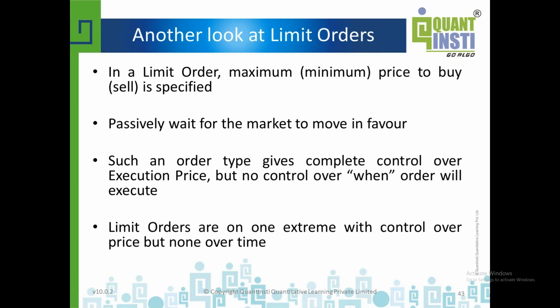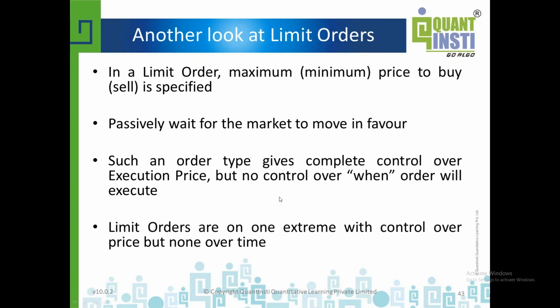An important point about limit orders is that they passively wait for the market to move in your favor. If you have a buy limit order, you just wait there for the order to get executed. You have complete control over the execution price, but you have no control over when it will get executed.